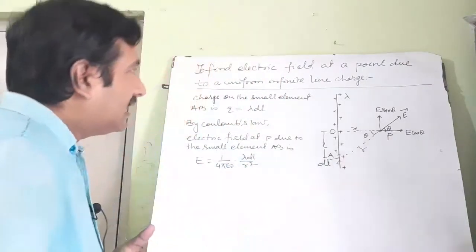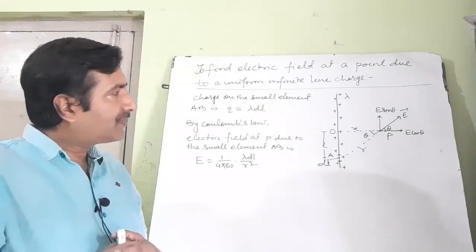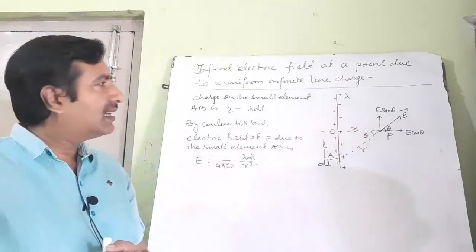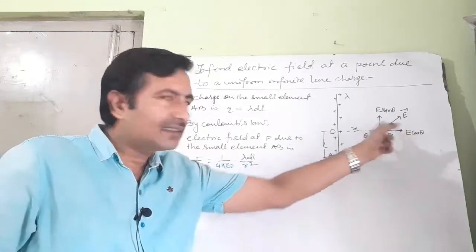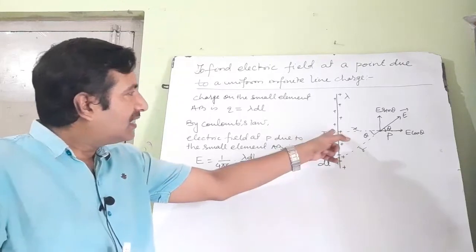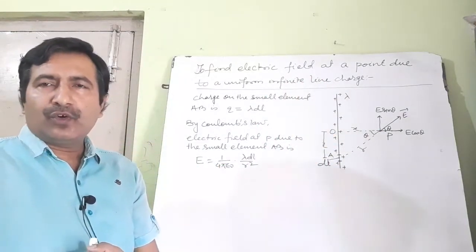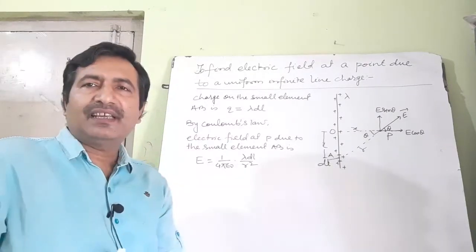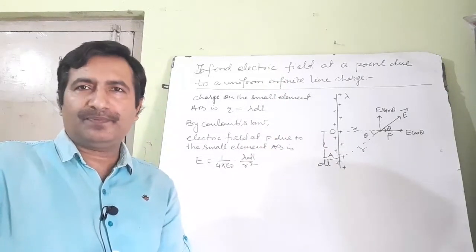So the components of electric field at P along the direction perpendicular to this line, meaning joining the wire to the point P, will be cancelled out due to the symmetrical elements around O.